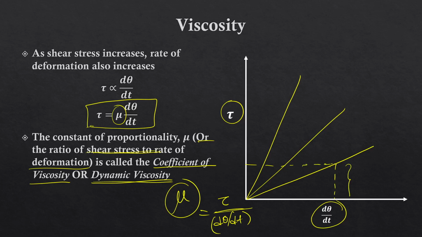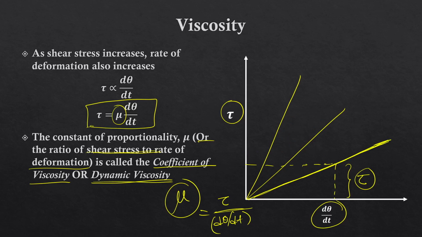So this is tau and this is d theta by dt, and tau divided by d theta by dt is the slope of this line, and therefore, as we have learned in the previous slide also, the slope of this line will represent the coefficient of viscosity.